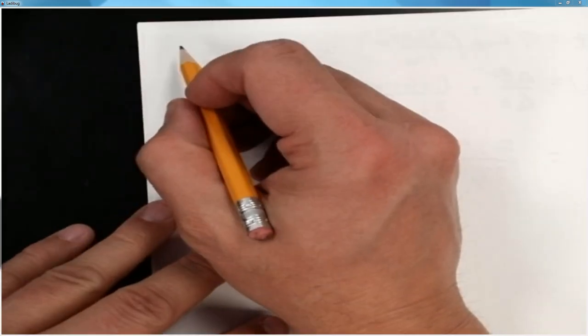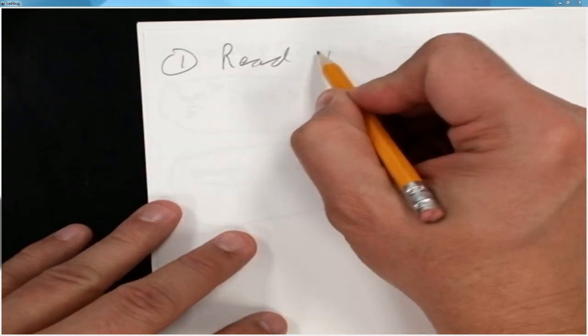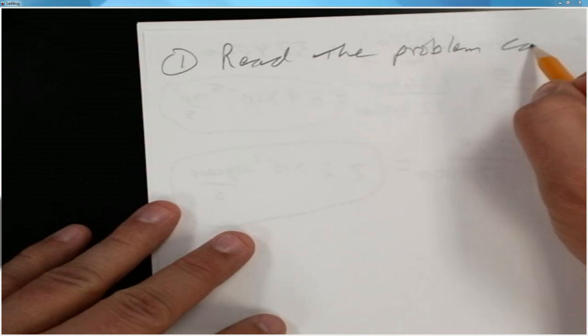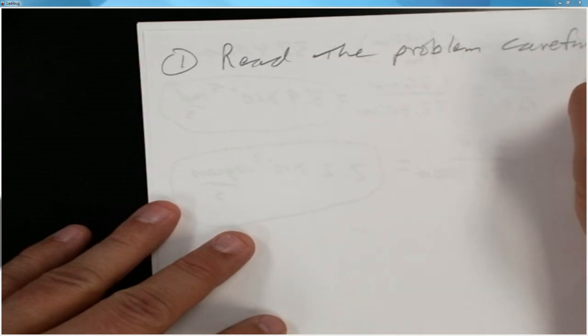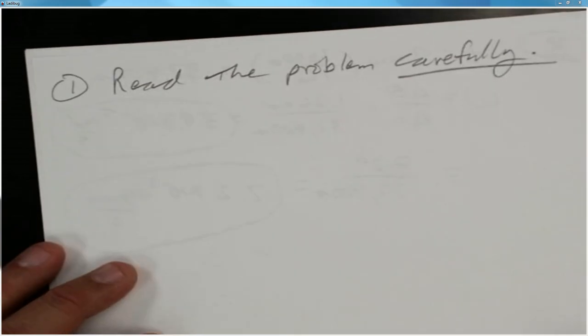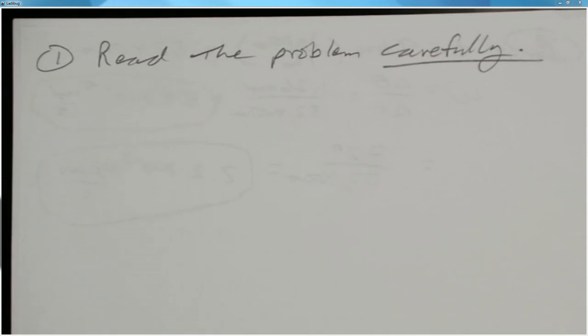So the very first thing that we do when solving a problem in physics is read the problem carefully. Reading problems in physics is different than reading a story in English or reading a magazine.